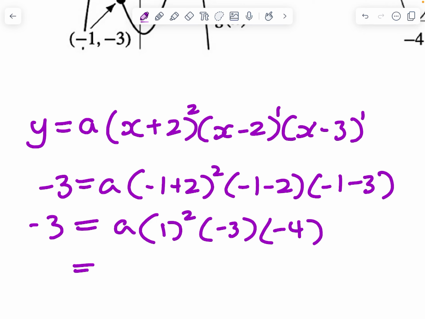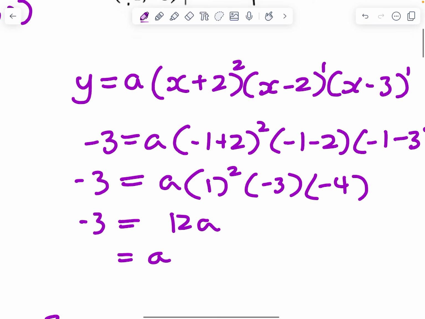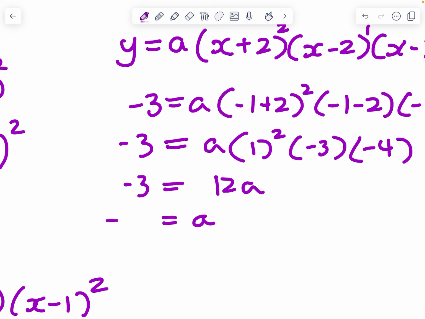To simplify that, 1 times 1 is just 1. So 1 times -3 is -3. -3 times -4 is 12. So I have 12a equals -3. And I get a as -3 over 12. To simplify that, I get -1 over 4.